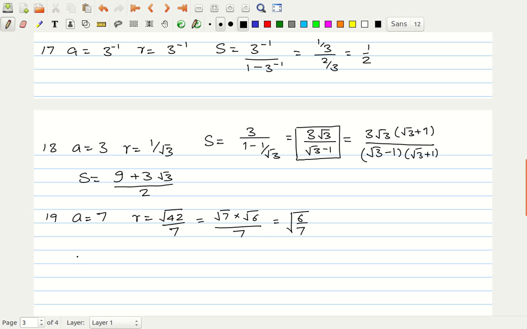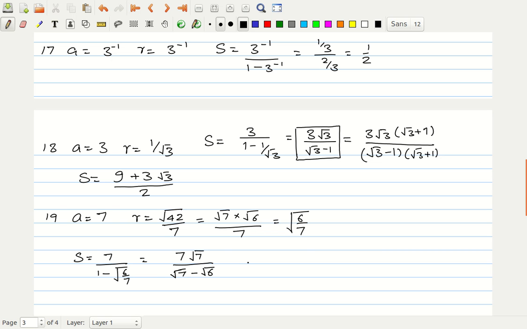So sum is going to be 7 divided by 1 minus square root of 6 by 7, and this is equal to 7 times square root of 7 divided by square root of 7 minus square root of 6.